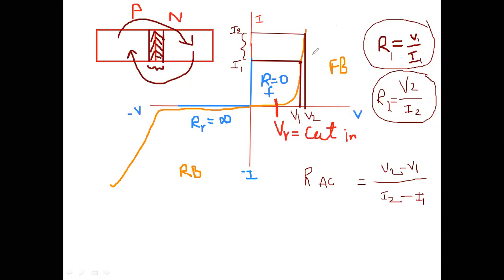If you take this point, then the resistance R2 is very less, because the value of I2 is very high. In forward bias, it is in milliamps, and in reverse bias, it is in microamps.